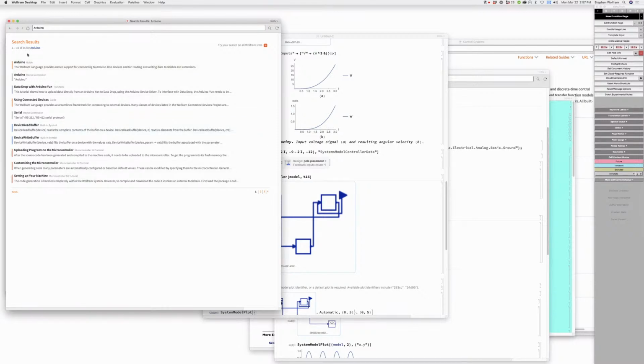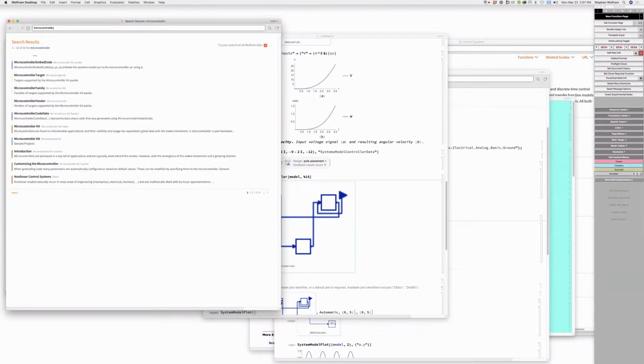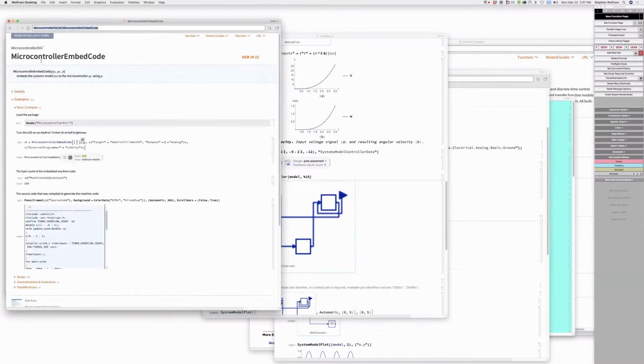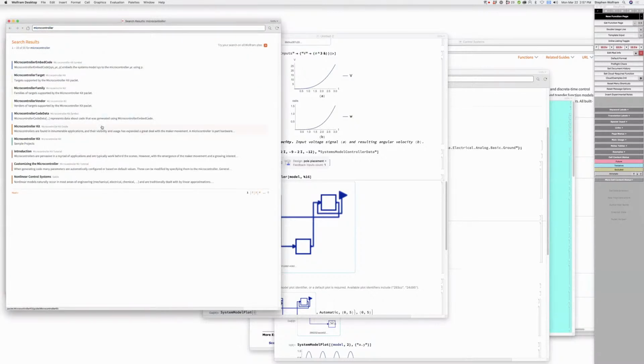You have to search for micro. Well, why? I understand. So this is a bug. Here's something, microcontroller is coming up down there. Yes, uploading program. But they're not the main ones. No. There is the microcontroller kit guide. Really amazing.